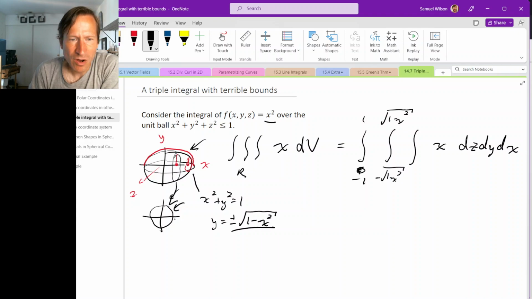And then on this particular circle, what z coordinates does it touch? I have my y-axis going this way and my z-axis going this way, because z is coming out of the screen in this picture.